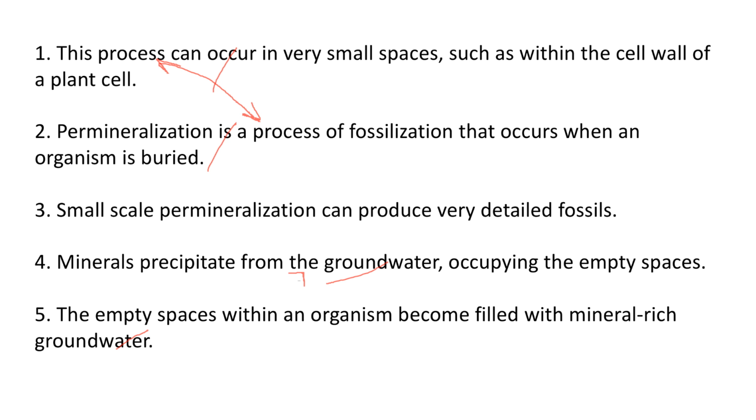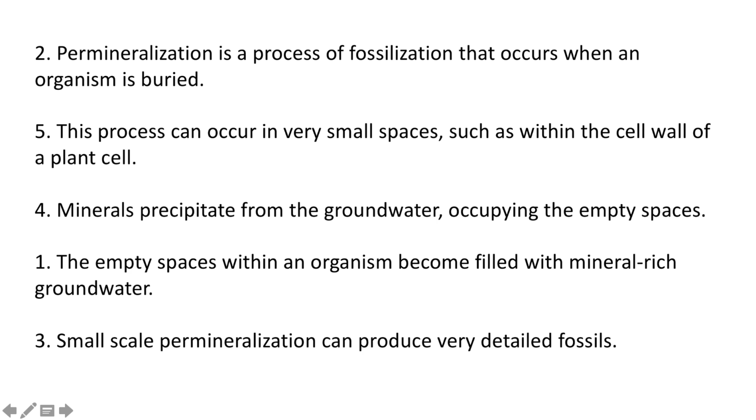So possibly these two you need to link in the correct order. So that way what we have done is we have taken a big question and we have broken it down into smaller easy pieces. So this approach gives us the correct order, which is 2, 5, 4, 1, 3. So permineralization is a process, and then this process talks about this process.